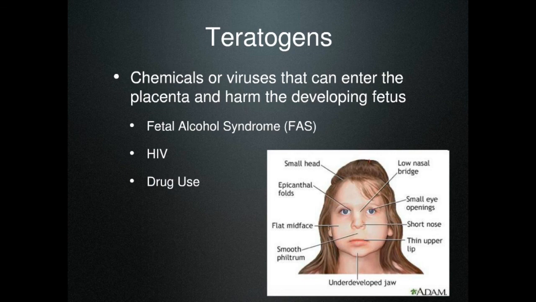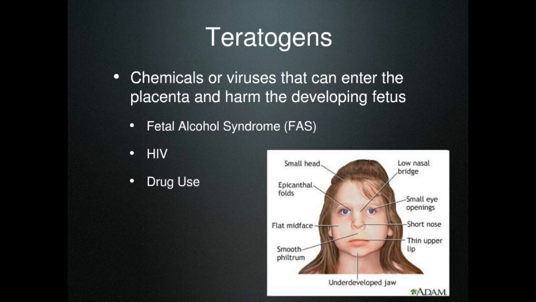And then there are teratogens that can enter into the developing baby. One of the worst teratogens that could be passed through the mother's blood is alcohol. An alcoholic will definitely have a child that's born with some major problems, because alcohol is a nasty teratogen.